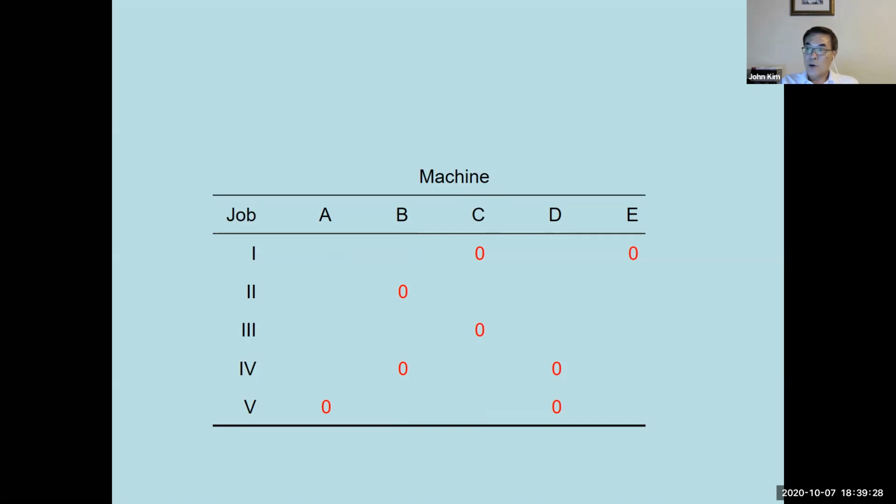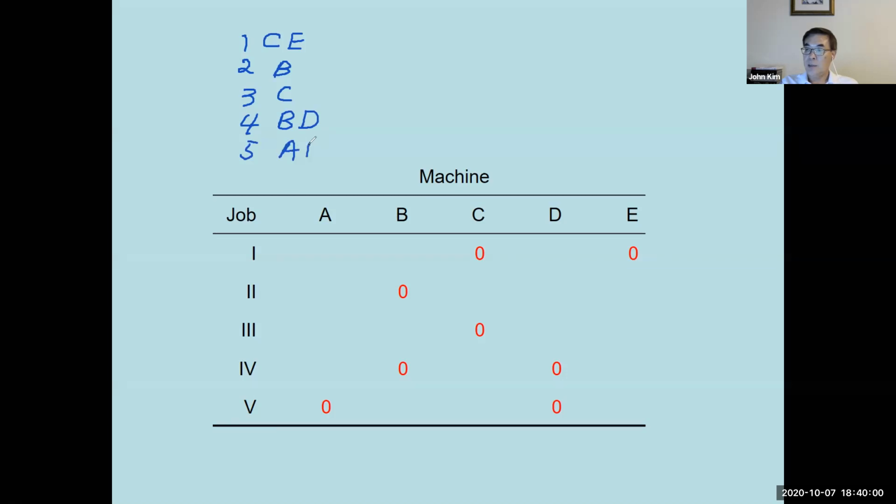Job 1 has 0 on C and E. Job 2 on B. Job 3 on C. Job 4 on B and D. And job 5 on A and D.